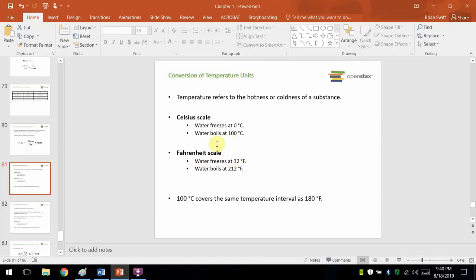Water in the Fahrenheit scale comes out at these weird temperatures, boiling at 212 and freezing at 32, because he did not base his scale on water. So 100 degrees C covers the same temperature interval as 180 degrees F.